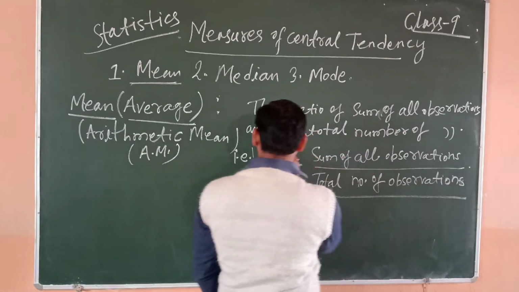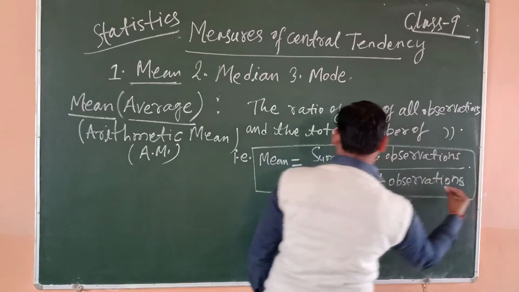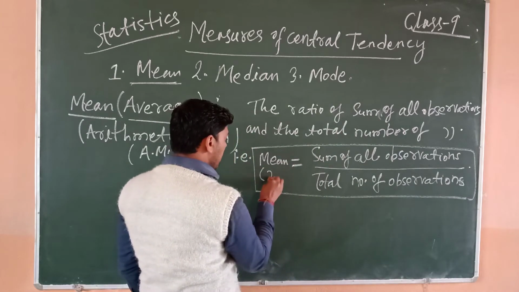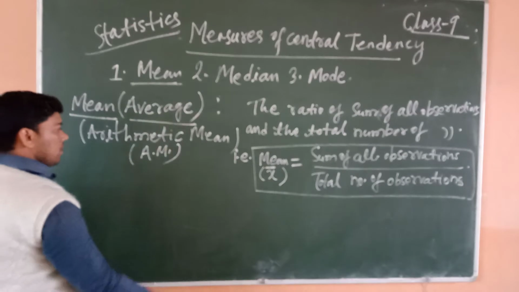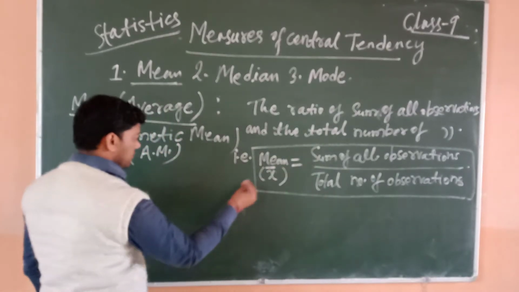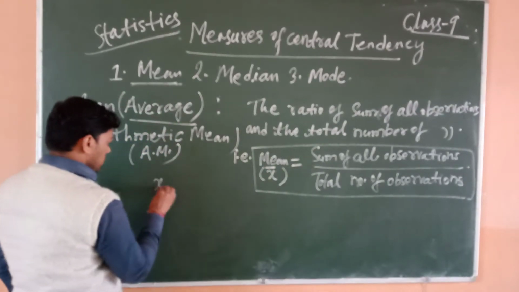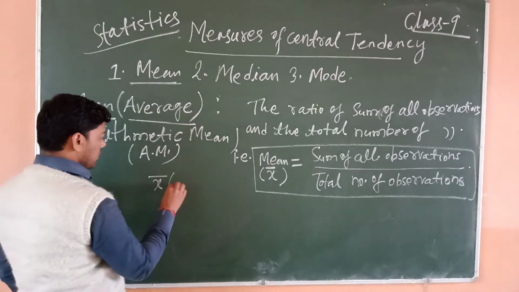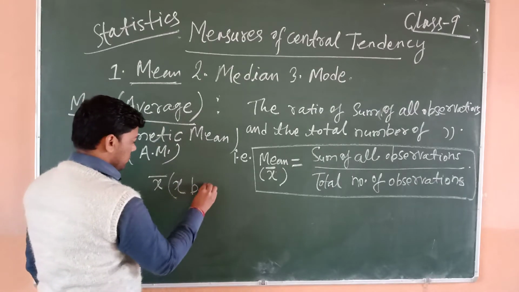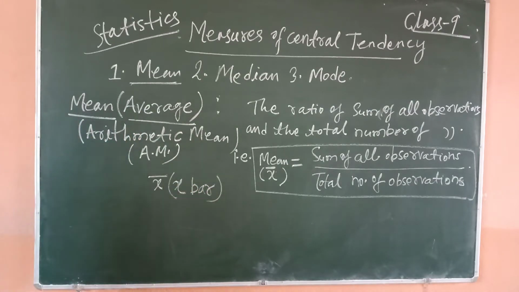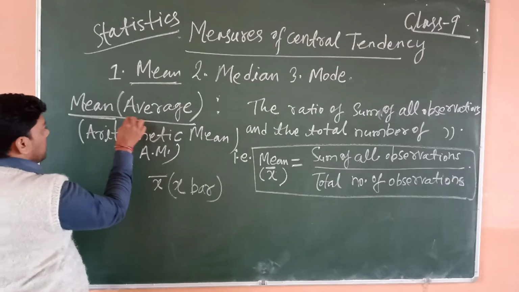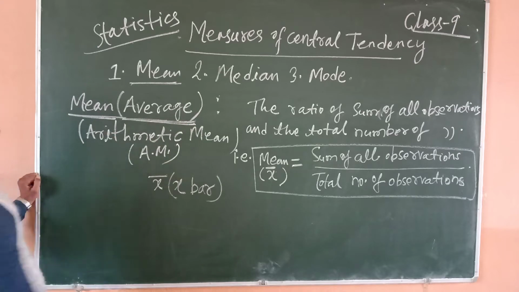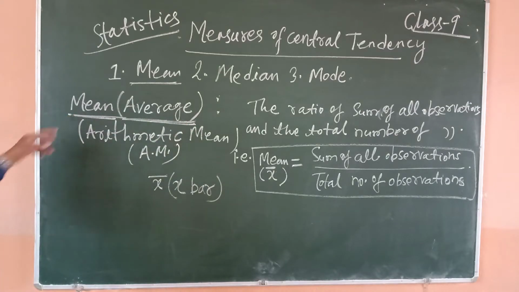Mean is denoted by x bar. This symbol is read as x bar. Mean gives the real value of the observation.